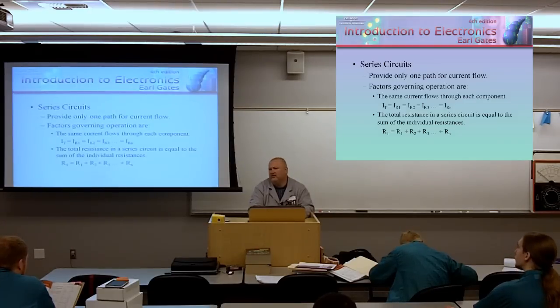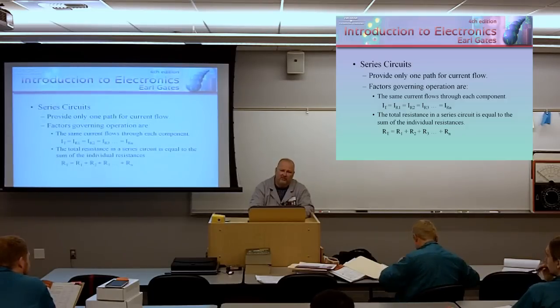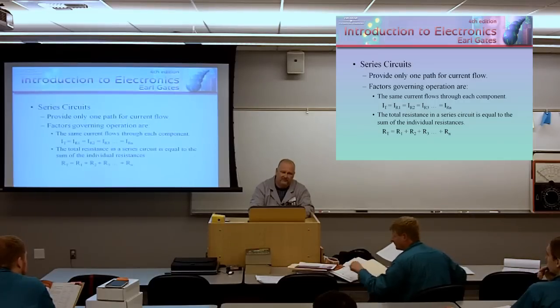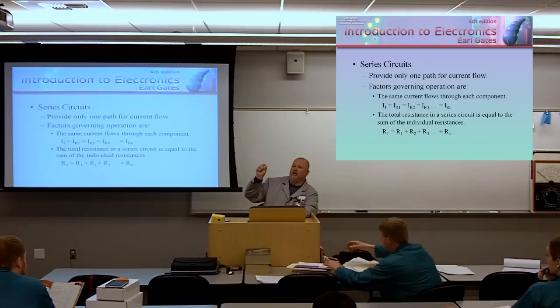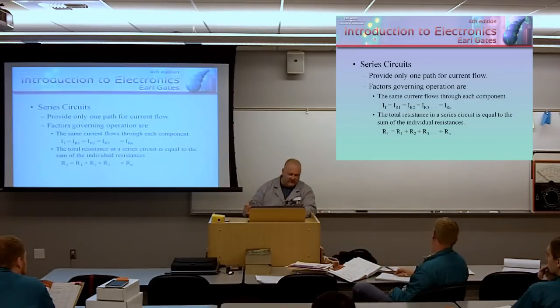As you know, a series circuit is a circuit that provides only one path for current flow. The simplest example of a series circuit: you ever have those holiday lights, the Christmas lights, where a bulb burns out and the whole string goes out? It's a series circuit, because the filament of one bulb interrupts the flow of current to all the other bulbs.